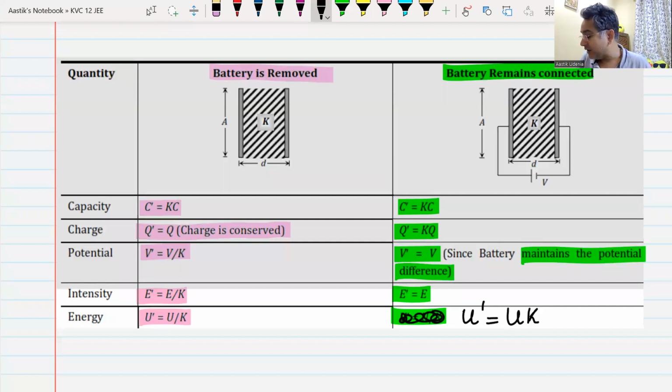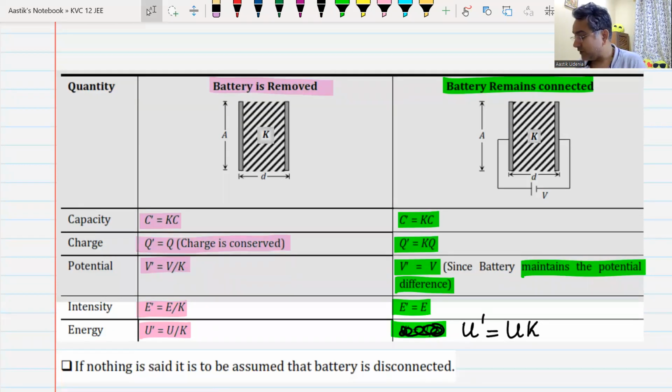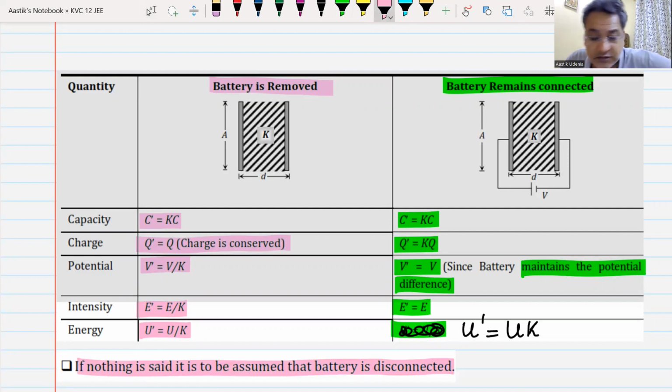Remember, if they don't tell you, you always assume by default that the battery is disconnected. Do we understand this? Yes, sir. Okay. Have you noted this down, everyone?